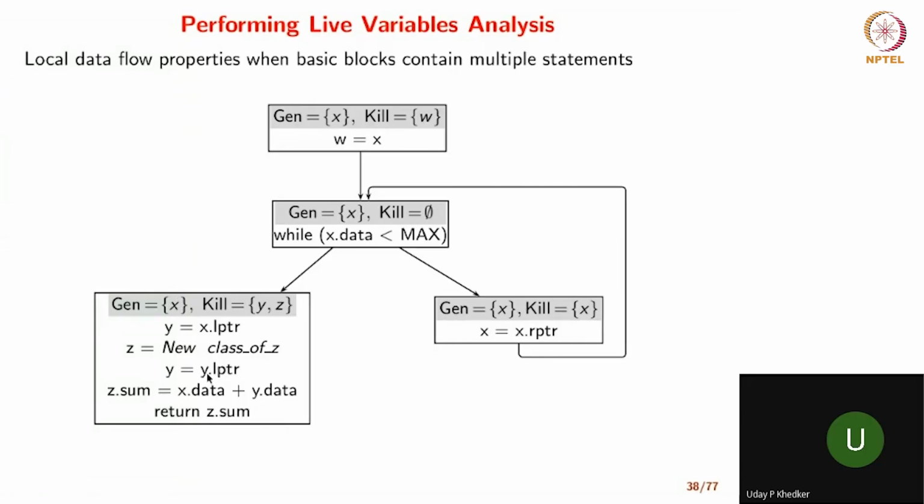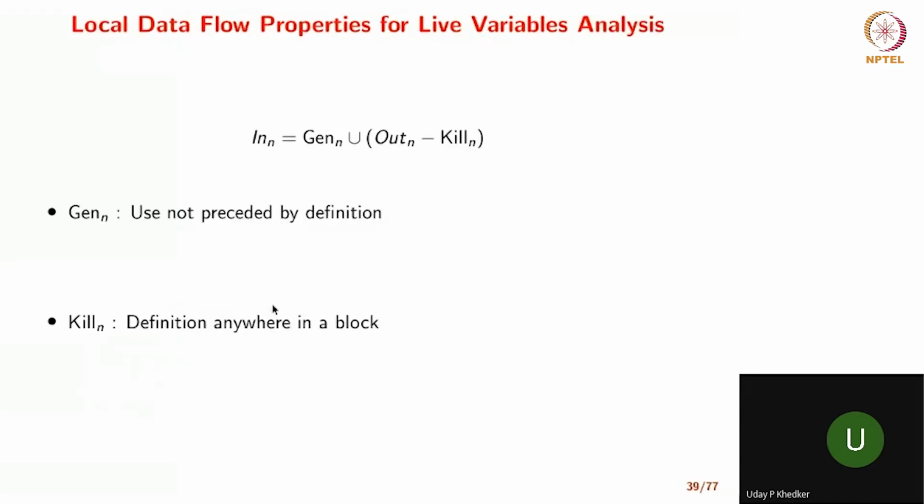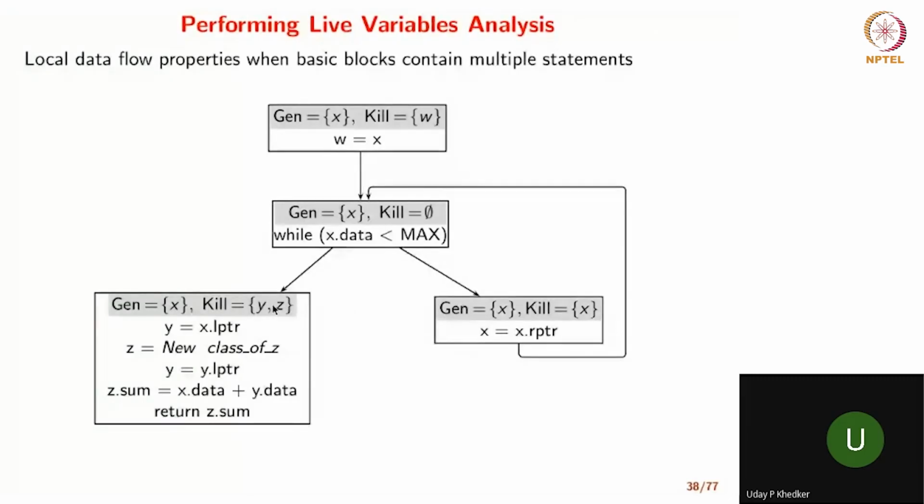This occurrence of Y is preceded by a definition. These occurrences of X and Y are preceded by a definition of Y. X is not preceded by a definition of X. Y is preceded by a definition of Y. And Z is preceded by a definition. Therefore, our gen is X and kill is Y comma Z. So this could also be used and we end up getting the same result.